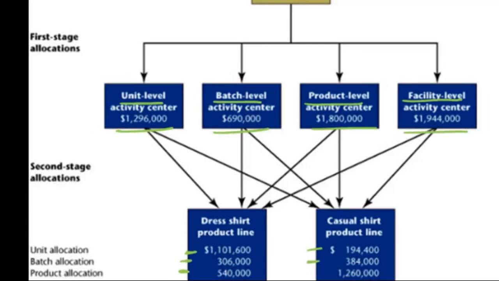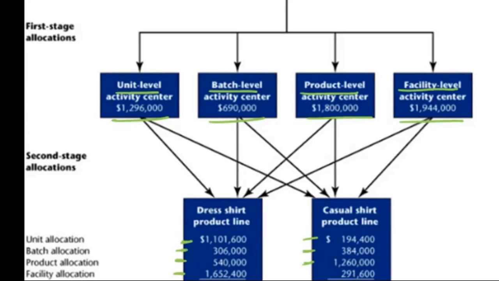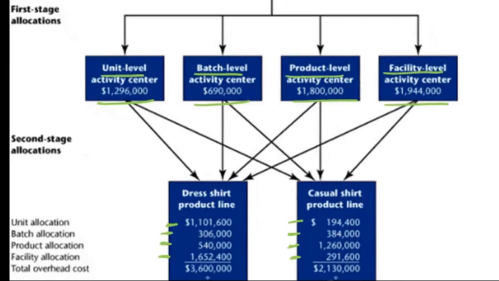For product level allocation, we allocated 540,000 to the dress and 1,260,000 to the casual. And at the facility level, we allocated 1,652,400 to the dress shirts and 291,600 to the casual shirts. So in total, 3,600,000 was allocated to the dress and 2,130,000 was allocated to the casual shirt.